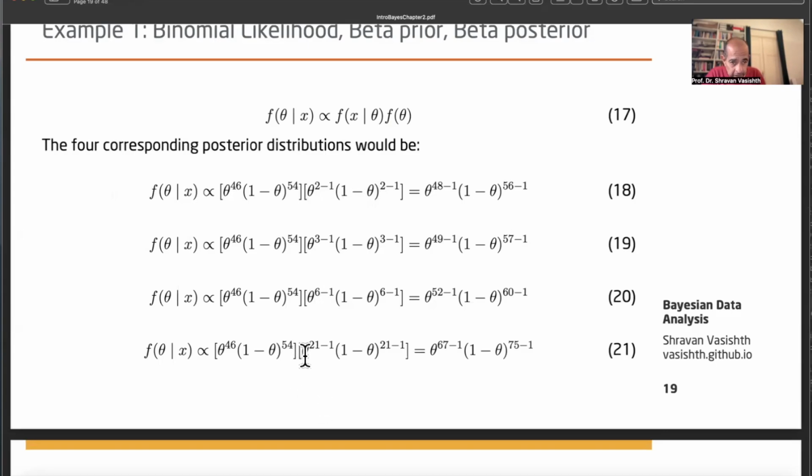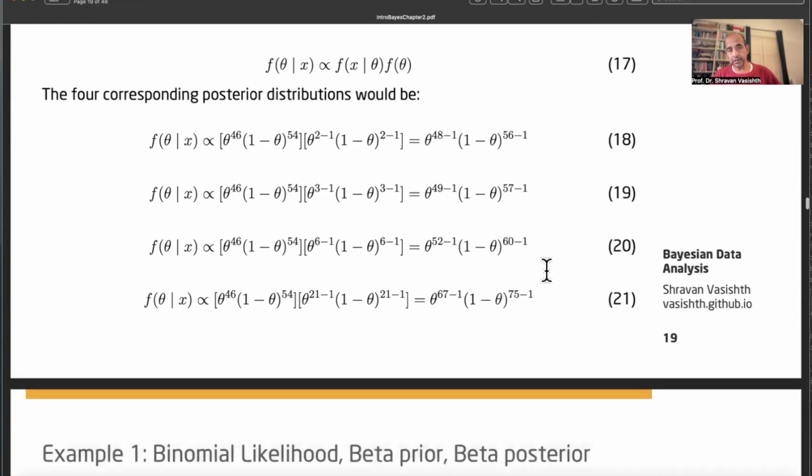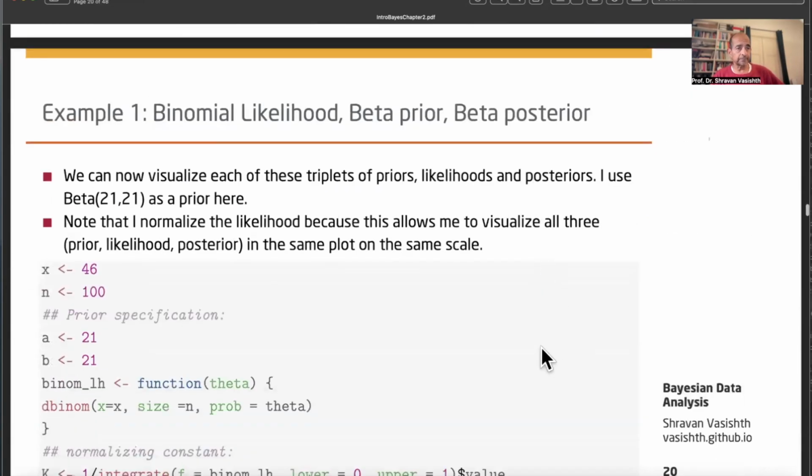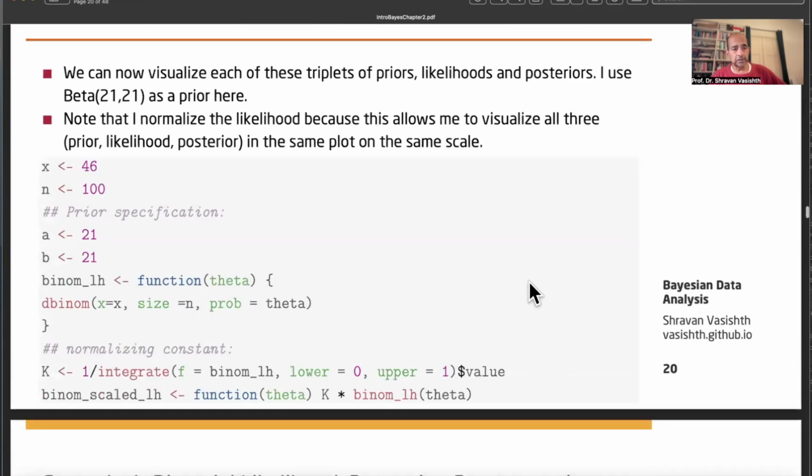And then a and b equal to 21 and 21, right? And so what you're looking at here on the right-hand side of equations 18 through 21 is the kernel of the beta distribution that represents the posterior distribution of theta given the data that we have observed. Okay, so we can observe each of these triplets of priors.